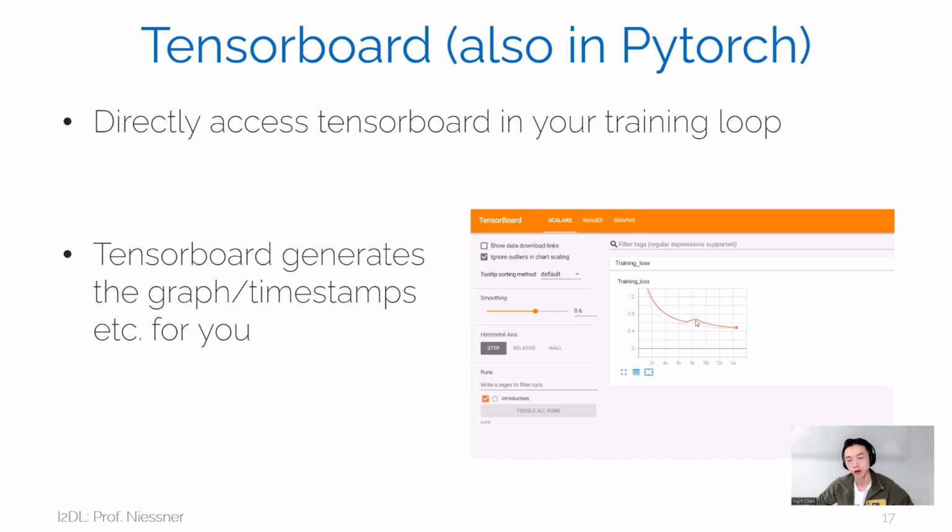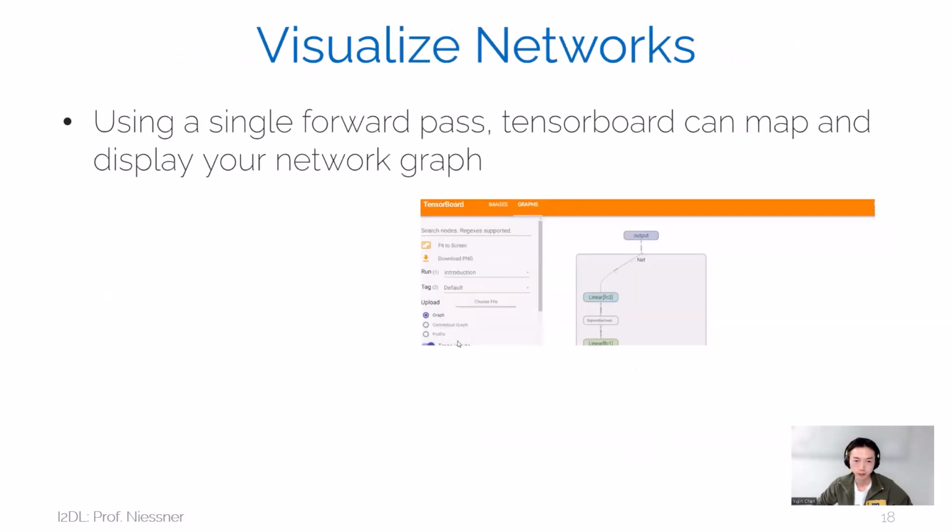Sometimes you train for a while, and then you find your loss is not decreasing. So it is good if you can monitor the training process in a graph style instead of always logging the loss value. It's easier to read with a graph, right? So that's what TensorBoard does.